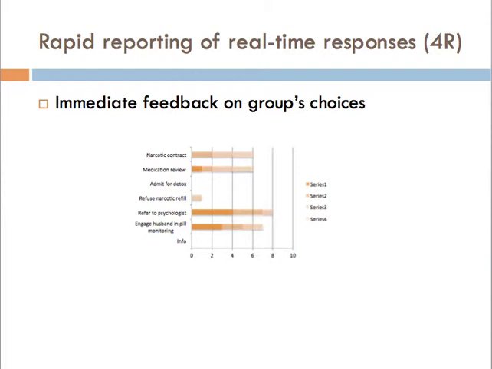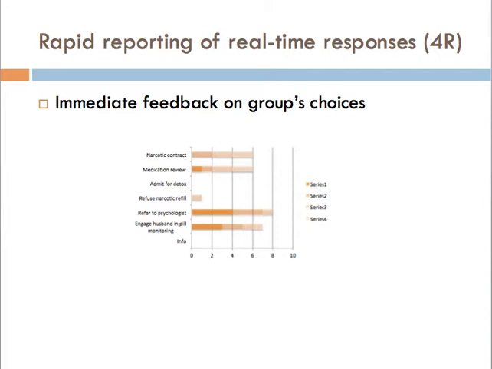We will be feeding back to the participants, once you play the case, how did everybody else play this out, how did they choose, and these stacked bar graphs are indicators. So for instance, of that one particular node, you have 6 choices from narcotic contract through admit for detox down to engage husband pill monitoring, or just information, that they could pick any of those.